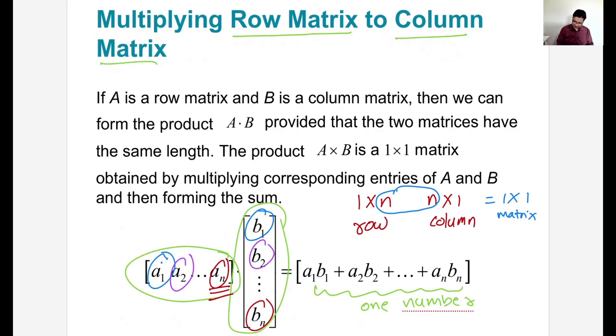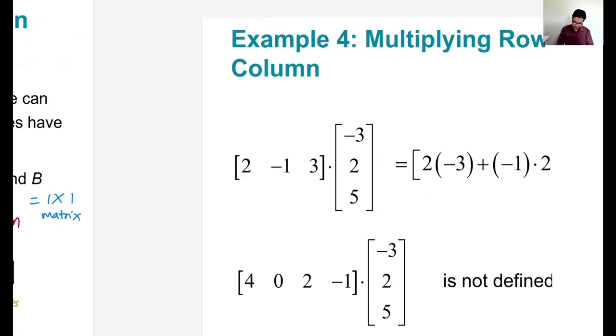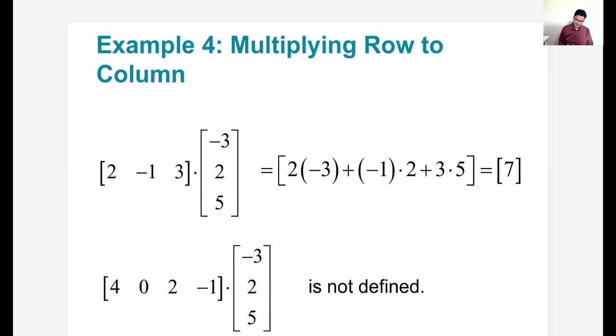And this thing that you noticed here, that you get rid of the number of columns from the left side and the number of rows from the right side, is what will happen in general matrix multiplication as well. Here is an example. You multiply that with that. So you multiply 2 with -3.